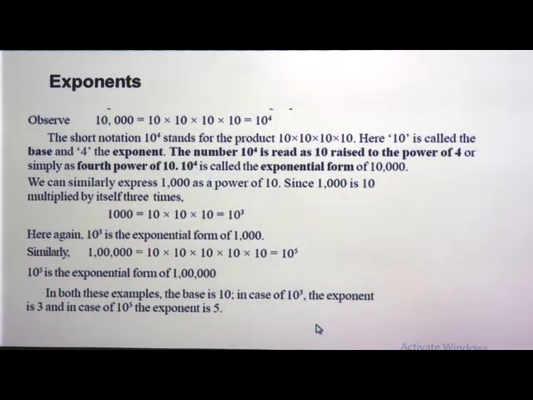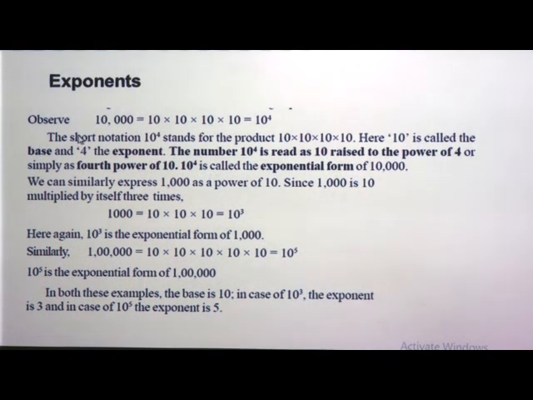Now, we will see exponents. Observe this number, it is very easy to read because it is a small number, that is 10,000. How can you write this number in exponent form? That is 10 multiplied by 10 multiplied by 10 multiplied by 10.